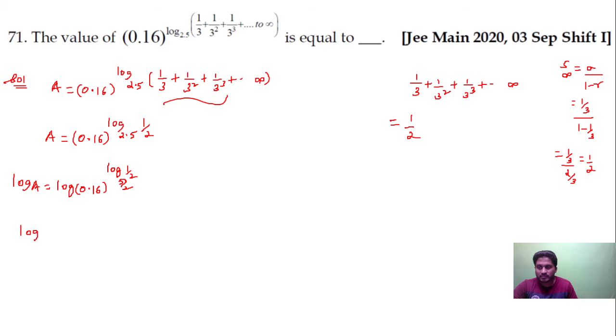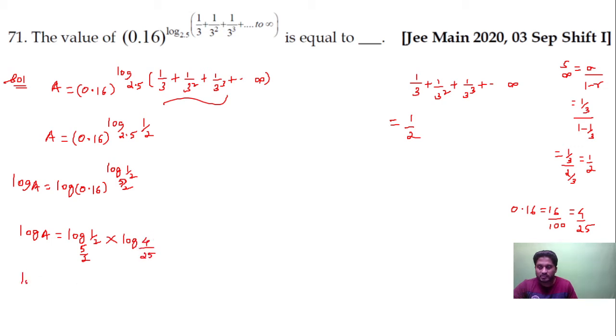Log m power n is equal to n log m, so you get log of 1 by 2 base 5 by 2 into log 0.16. 0.16 can be written as 16 by 100, which is 4 by 25.